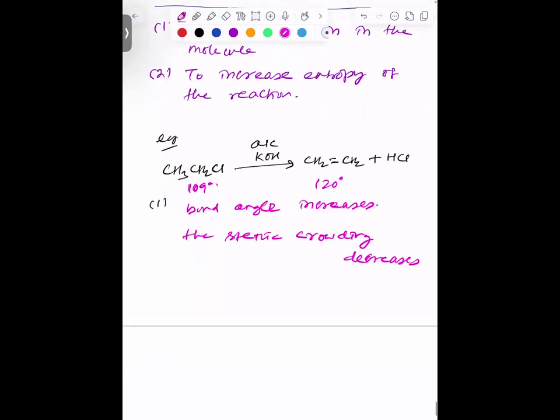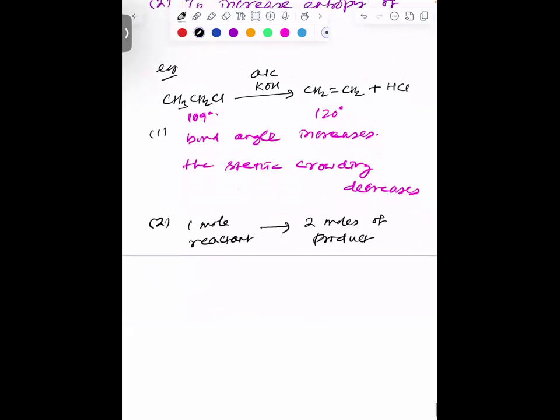This is the first. Second, what is the second? To increase entropy in the molecule. So in the above reaction, how many moles of reactants are there? 1 mole of reactant is converted to 2 moles of the product.